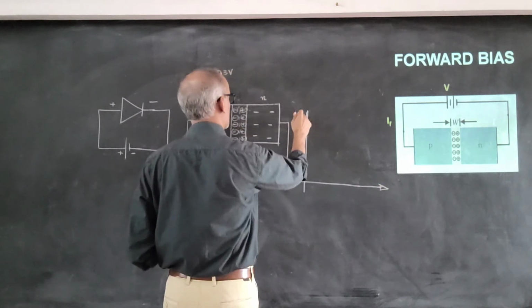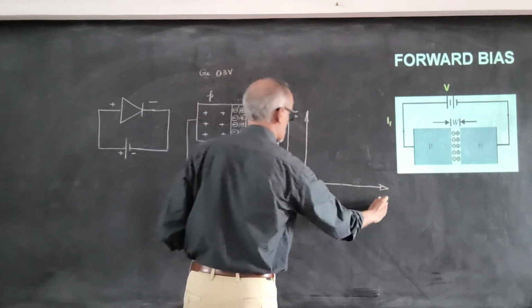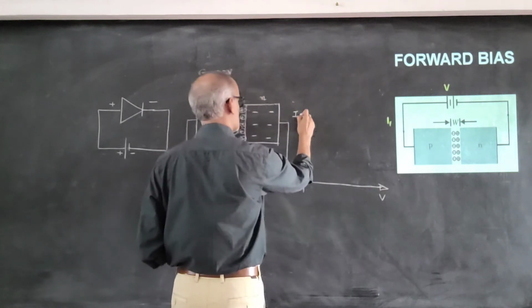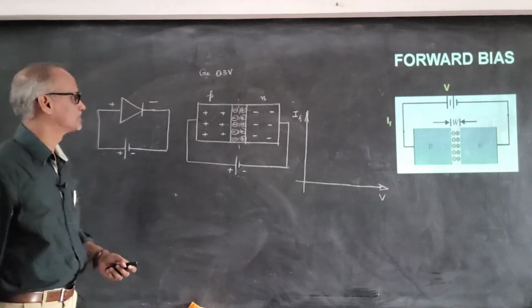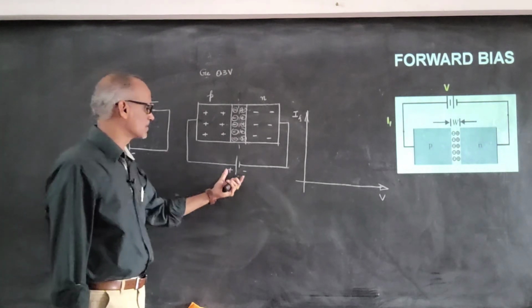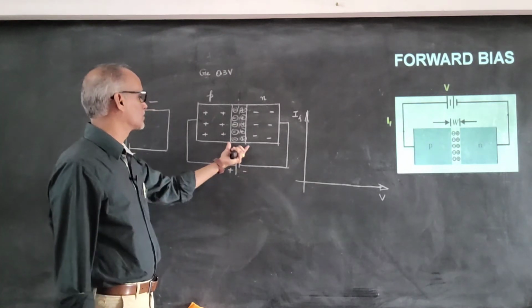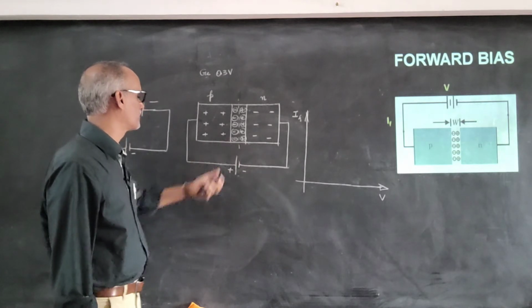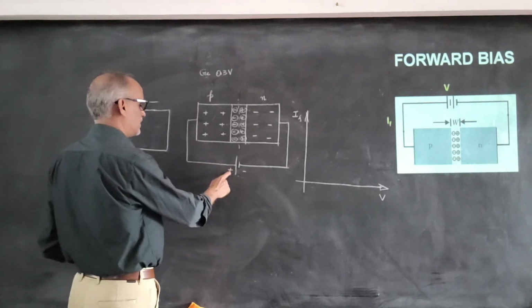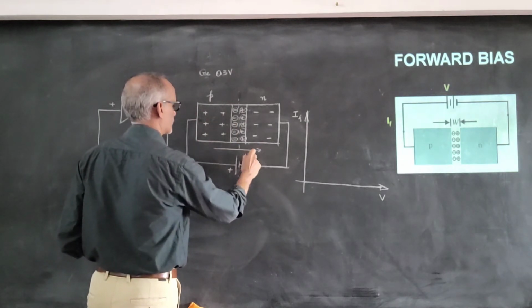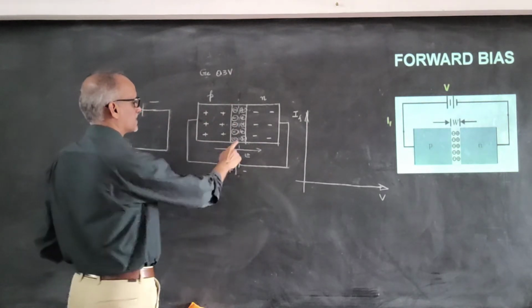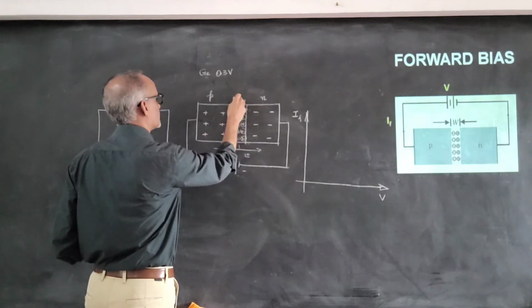So this is current versus voltage. This is forward bias, and this is the forward bias voltage. As we increase the voltage, this potential opposes the applied potential. The field due to the applied voltage is from positive to negative, whereas the field due to the junction potential is exactly opposite.